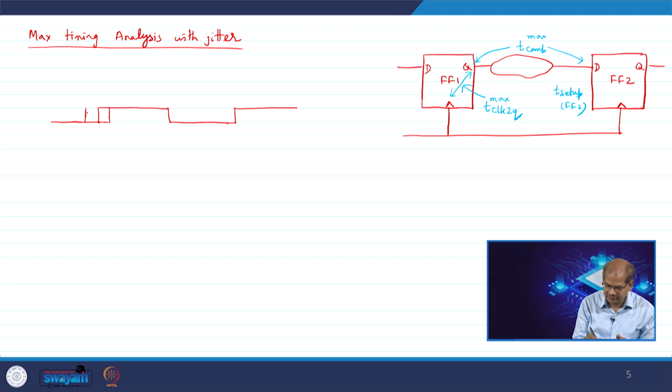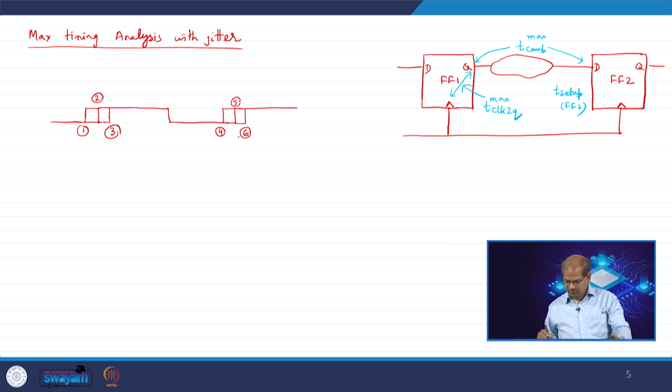So, there is a band of time in which it can arrive. It has edge 1, edge 2, this is 3, similarly it has edge 4, this is 5, this is 6.